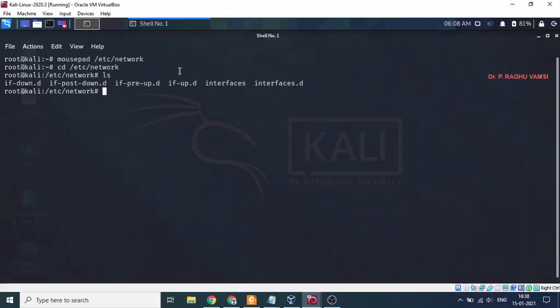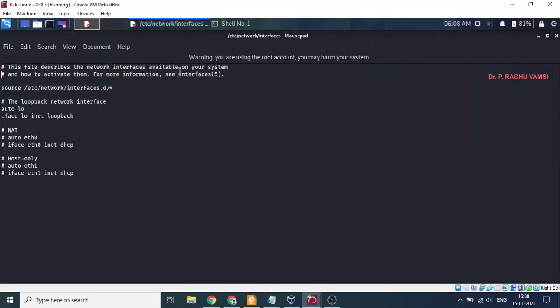Okay, so mousepad interfaces. Here this is the loopback adapter. NAT network. This you make it as auto. Auto means automatically configure this Ethernet 0 with the DHCP protocol, Dynamic Host Configuration Protocol, and Ethernet 1 is also like that.